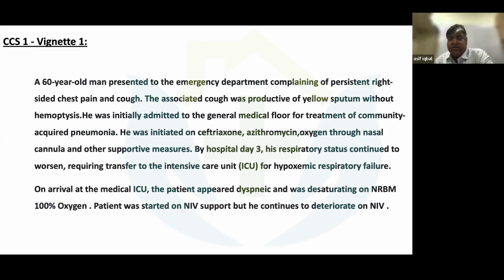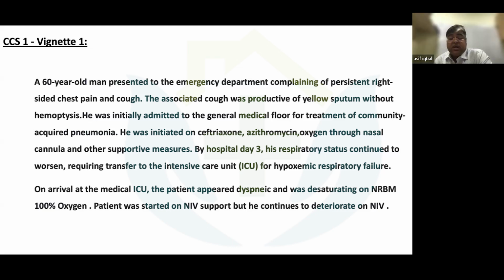By hospital day 3, his respiratory status continued to worsen, requiring transfer to the intensive care unit for hypoxic respiratory failure. On arrival in the medical ICU, the patient appeared dyspneic and desaturated on NRBM with 100% oxygen. The patient was started on NIV support but continued to deteriorate on the NIV.